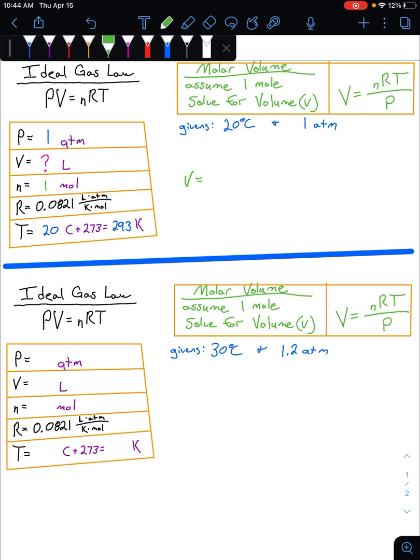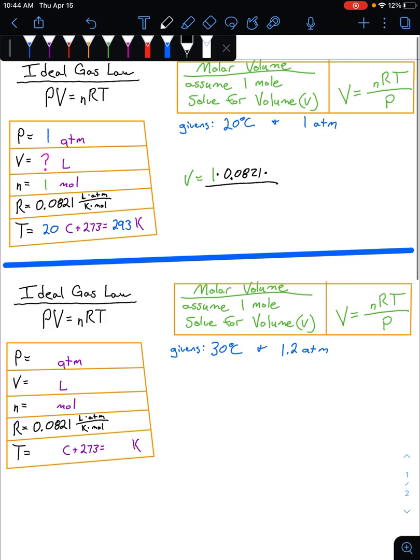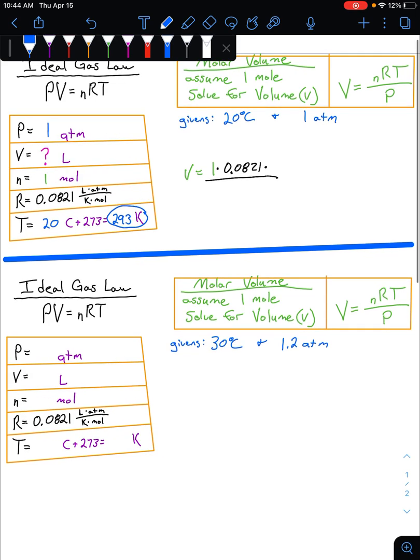V equals n, which was 1, times R, 0.0821, times temperature. So temperature, I would even circle that to make sure you don't accidentally use the wrong one, 293, divided by pressure, and pressure was 1 atmosphere.